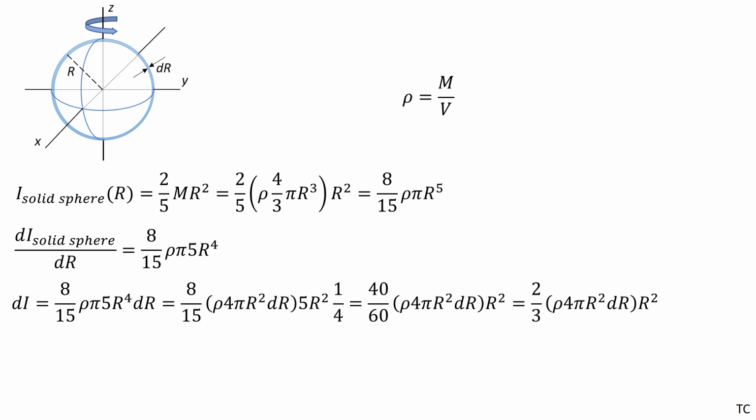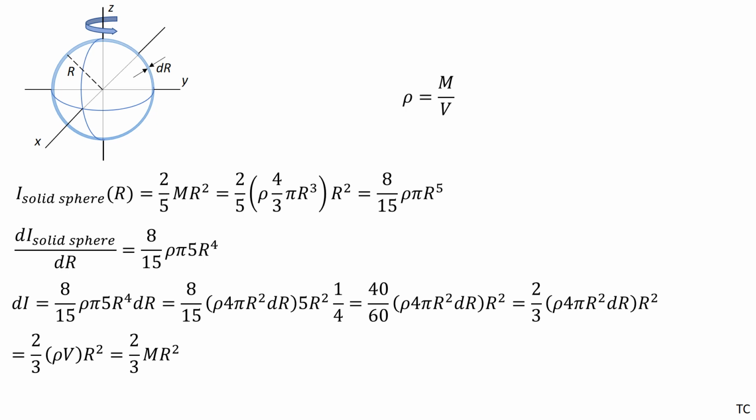And as I said before, 4 pi r squared dr is the volume of our spherical shell, and we're going to be taking the same volume density as this solid sphere, although that's not too important.